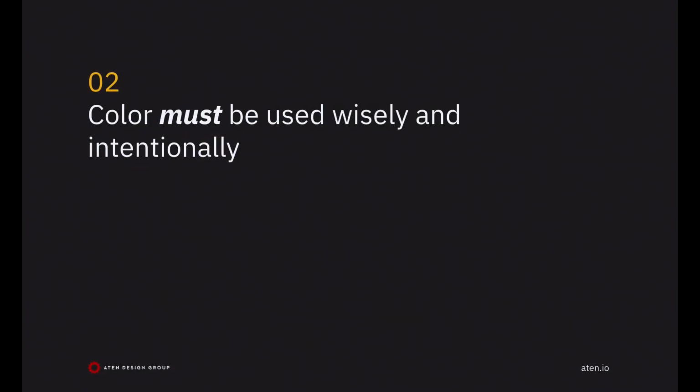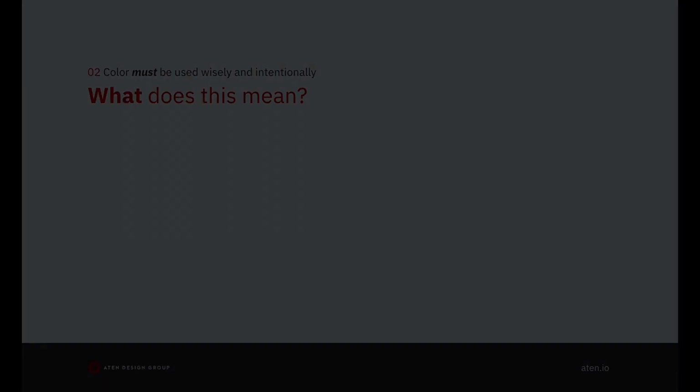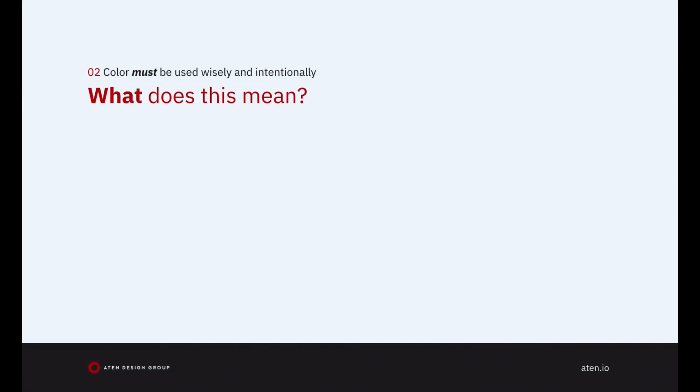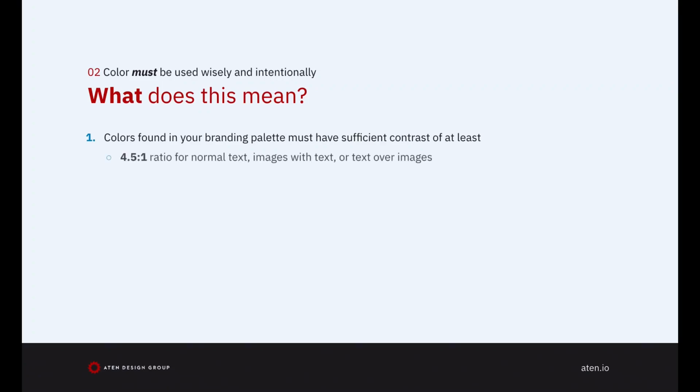So next, let's talk about color in your design. So what does it mean with this very vague sentence of using it wisely and intentionally? I'm referring to 2 important aspects. Colors found in your branding palette must have sufficient contrast of at least a 4.5 to 1 ratio for normal text, and for images with text or text over images, a 3 to 1 ratio for large text and for all non-text elements that convey important information, like an icon, for example.